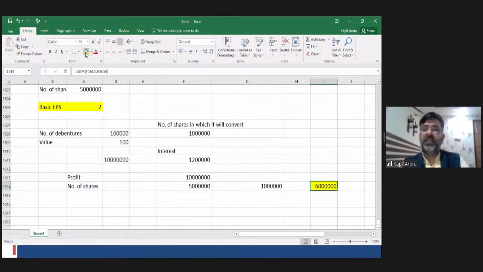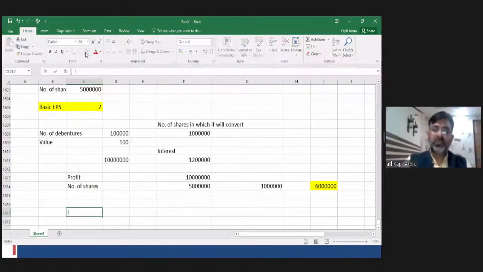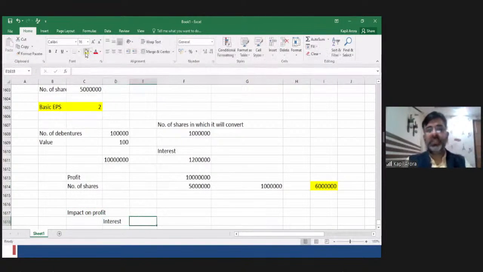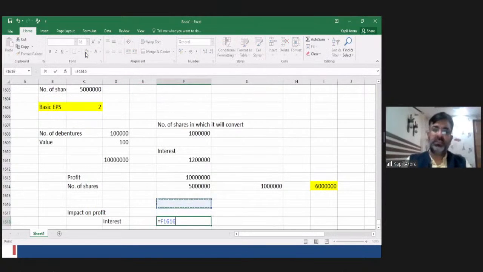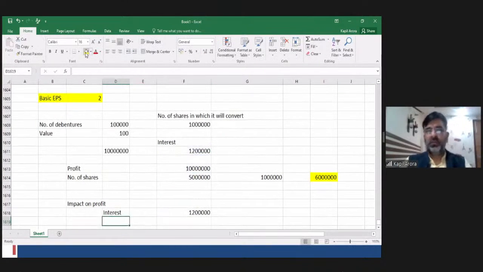The impact on profit would be my interest saving. So how much interest would be saved? 12 lakh. I will save interest of 12 lakh, and if I save the interest of 12 lakh, my profit will go up.